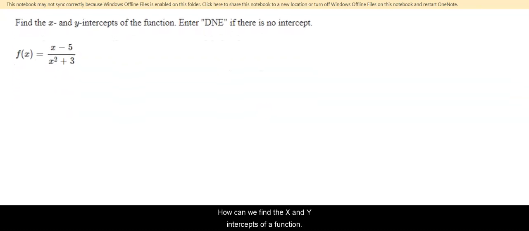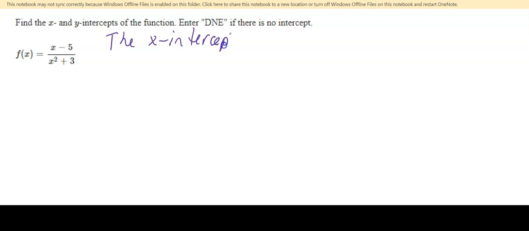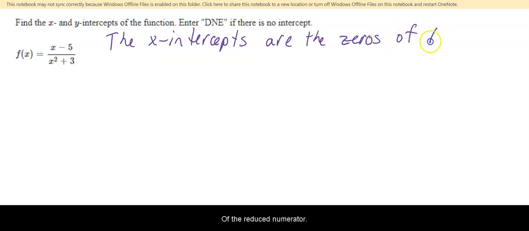How can we find the x and y-intercepts of the function? The x-intercepts are given by zeros of the numerator in reduced form. So let me write that down in words. The x-intercepts are the zeros of the reduced numerator.